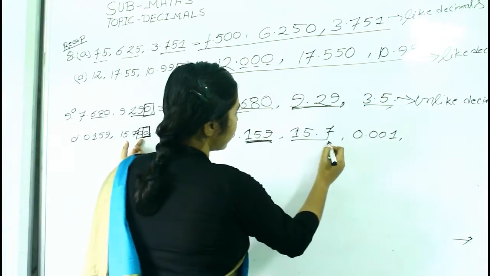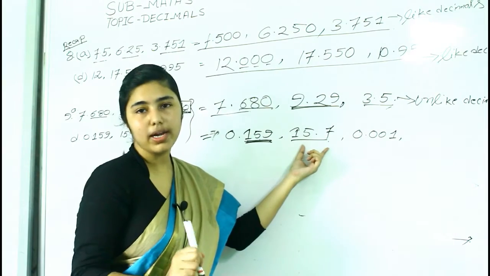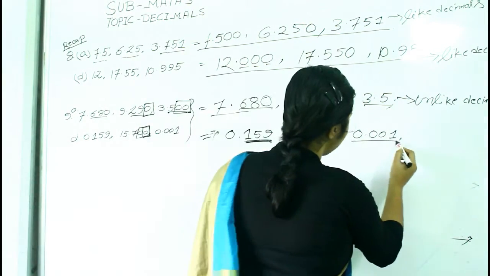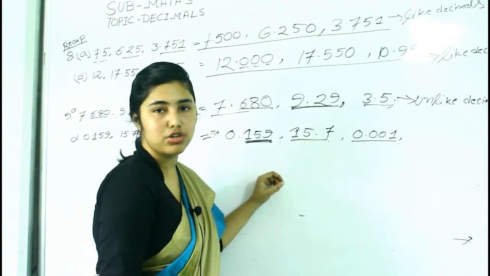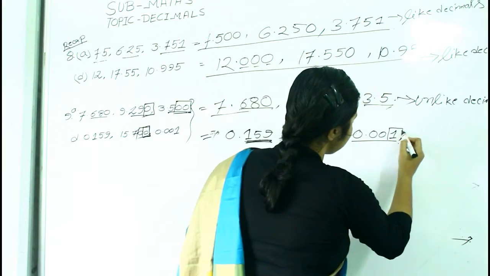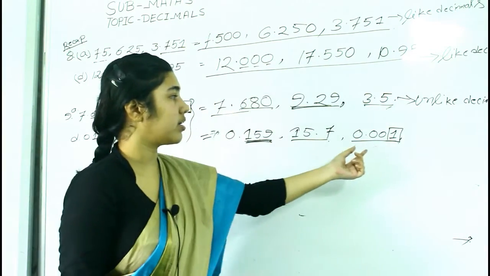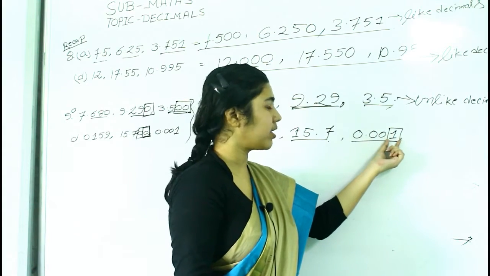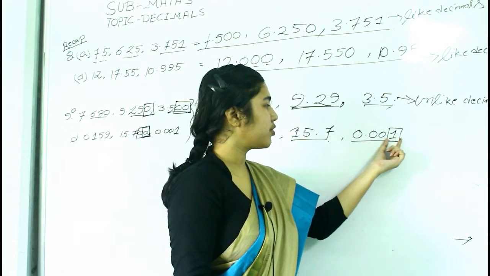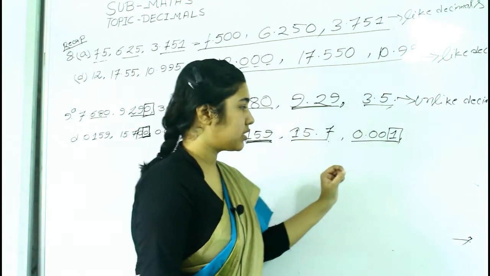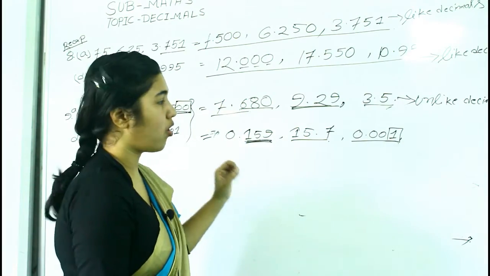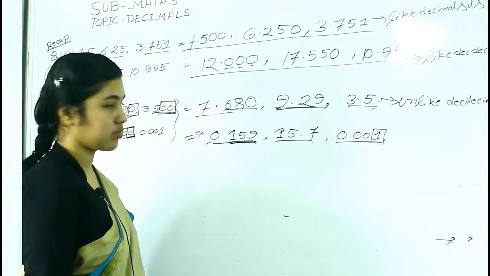Next 15.7 has only 1 decimal place and the last number 0.001. Here our last digit is 1, so we can't ignore this digit. We have to write the last digit if we have here a digit except 0 or zeros.